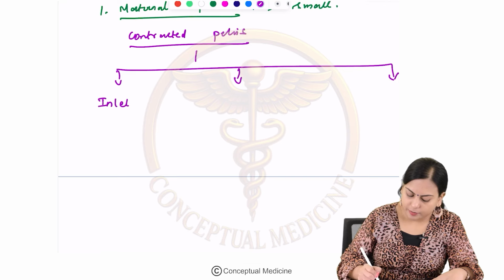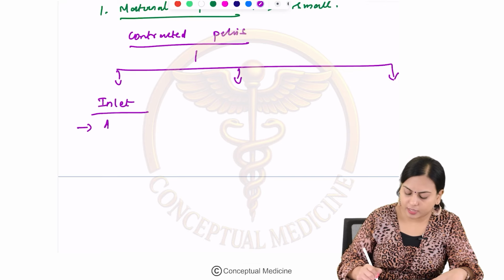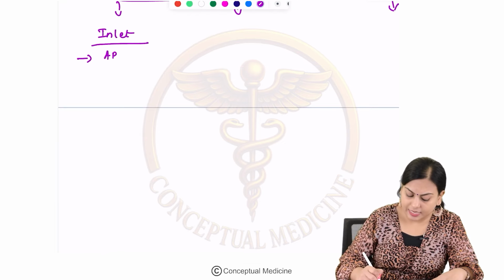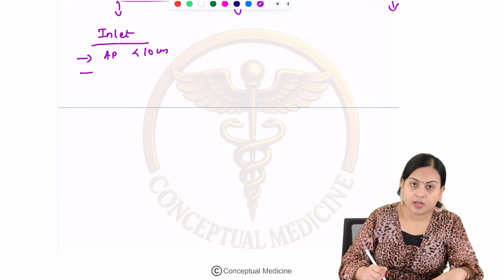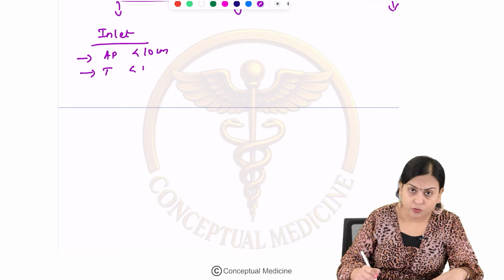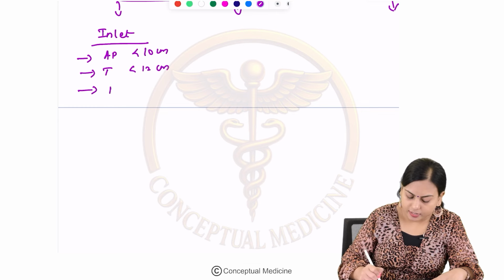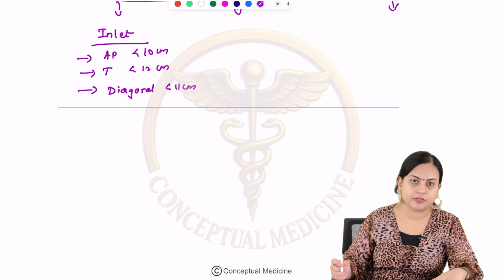The diameters at the inlet, namely the AP diameter, can be less than 10 centimeters, transverse diameter can be less than 12 centimeters, and diagonal diameter can be less than 11 centimeters.